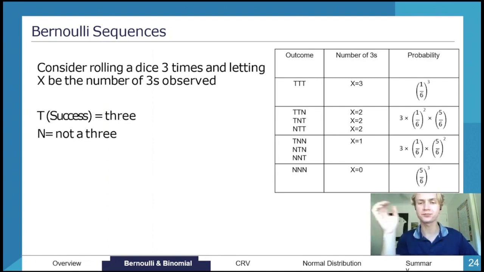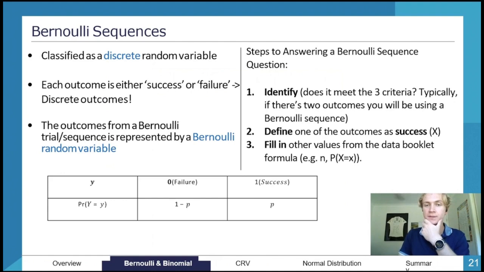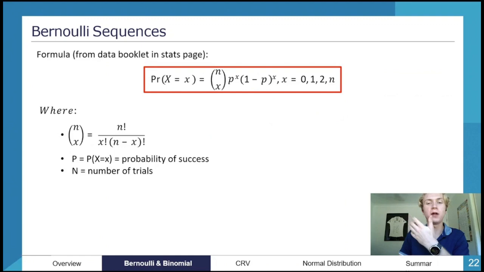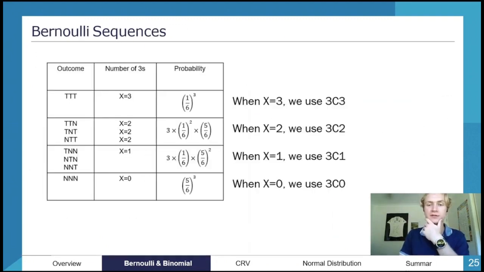And this is just using our tree diagrams, something that you learnt back in year 10. There's different combinations of TTN, etc. And I don't want you to know these. What I want you to know is these 3 steps, and then apply them. Sub it into this formula, which you might have to use if it's tech-free. So this is the different combinatorics we would use.